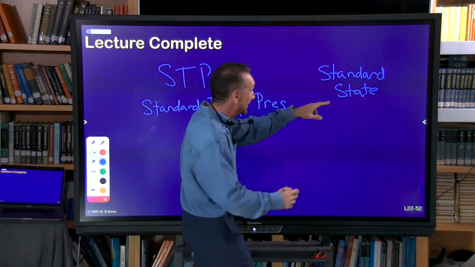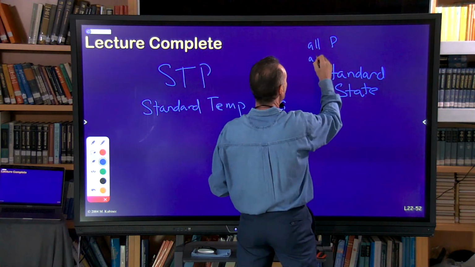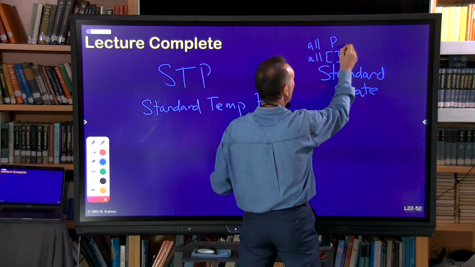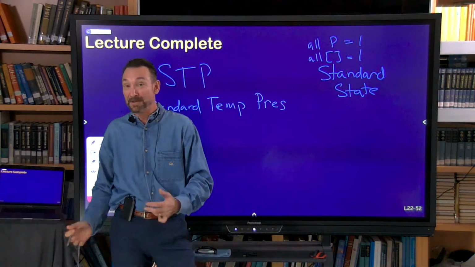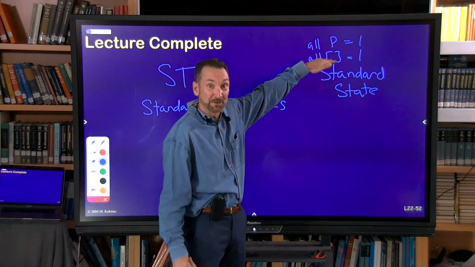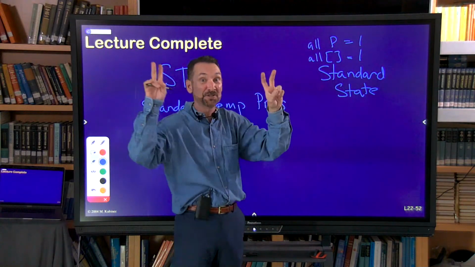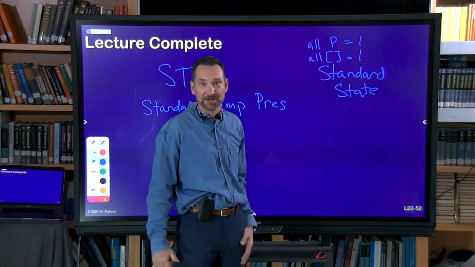All this means is that all pressures and all concentrations are one. It's not a common state. It's an uncommon state. It's the reference state. We have to choose a reference, remember. We have to choose a 0 for where we compare all our state functions.